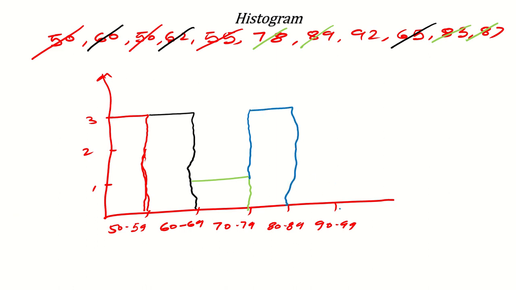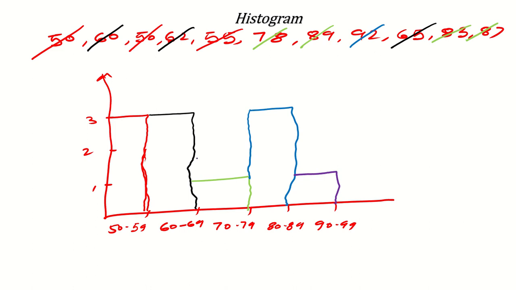And finally we have one more, 90 to 99. It will become only 1, one time only, so it will become only like this. Okay, this is called a histogram. If you want to describe this data, then you can describe this data also.